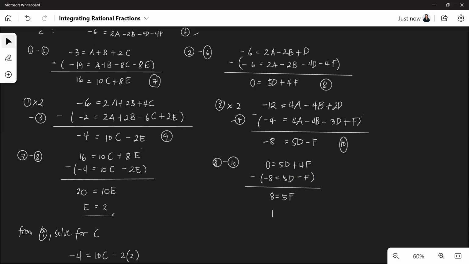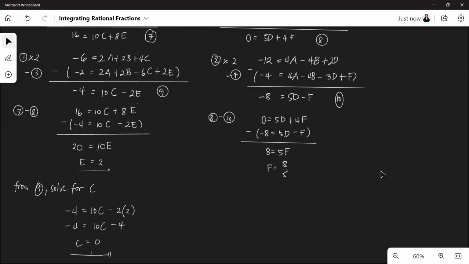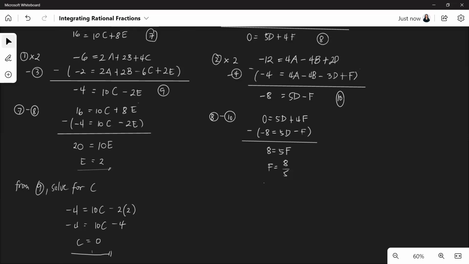Therefore, F is 8 over 5. So we now have the third unknown solved.